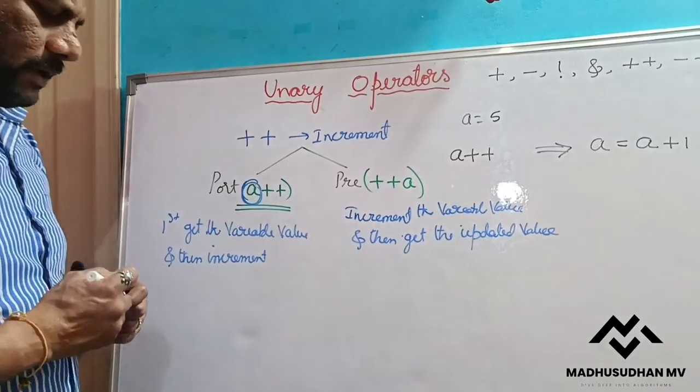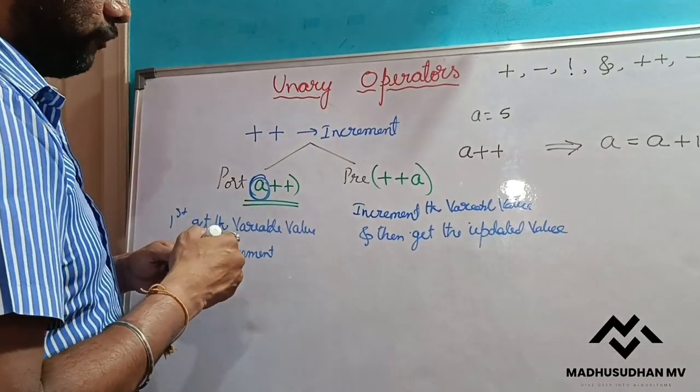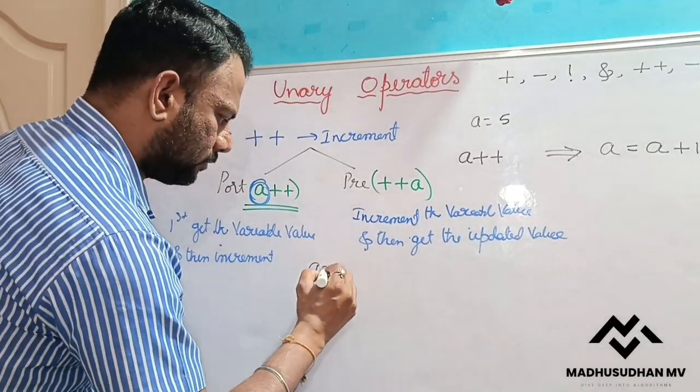So let us take an example. Let's say A is equal to 5.